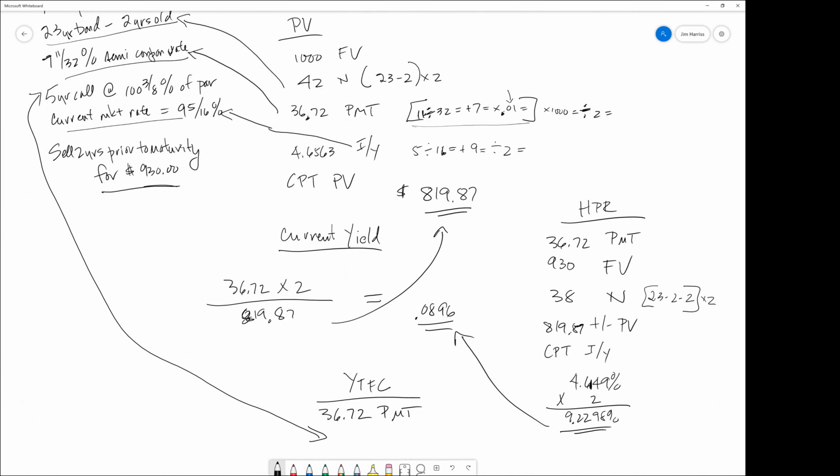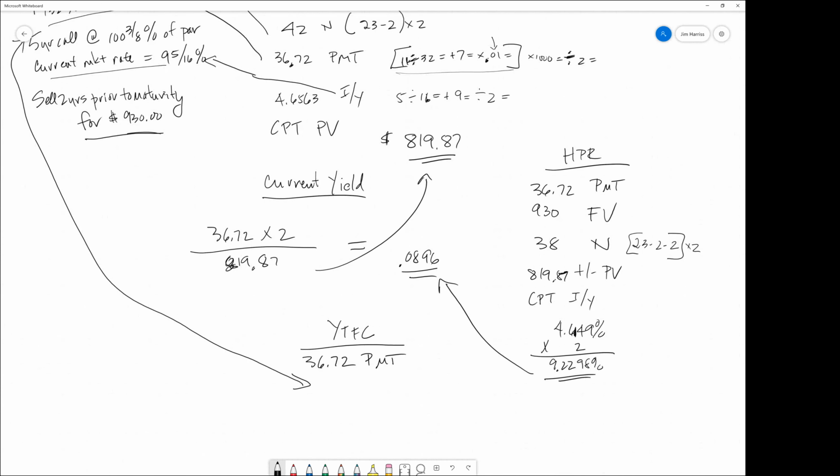So you know it's going to be just a little bit greater than $1,000. So what you're going to do is take 3 divided by 8 equals plus 100 equals times 0.01 equals, then times 1,000 equals. And that'll give you what your future value is going to be. So let me do that for you.